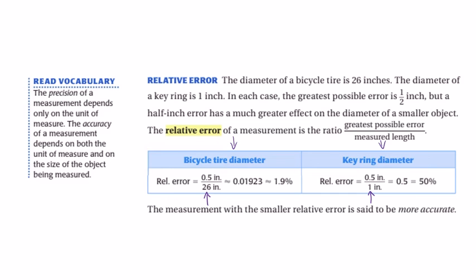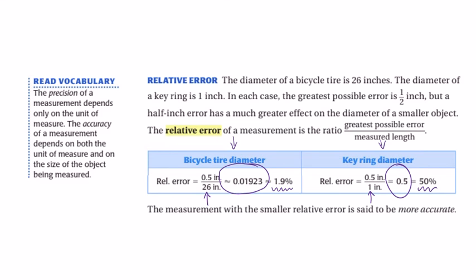So my relative error is approximately 0.01923, or about 1.9% for the bicycle. And for the key ring, it is about 0.5 or 50%.